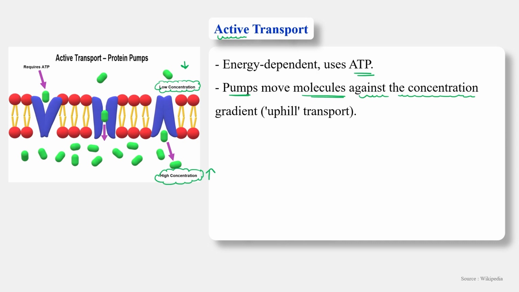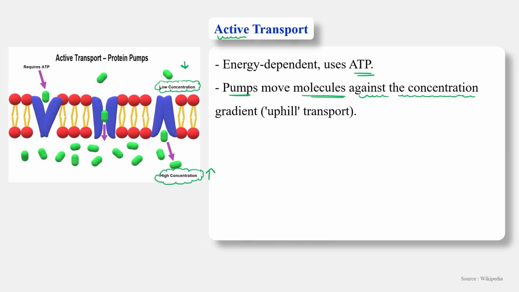So movement of this molecule against the concentration, means from low concentration to high concentration, that time it requires energy, because automatic movement occurs only through concentration gradient, means from high concentration to low concentration, through diffusion or through facilitated diffusion, right?